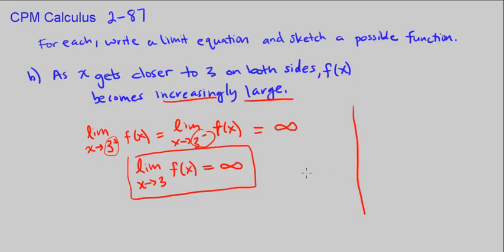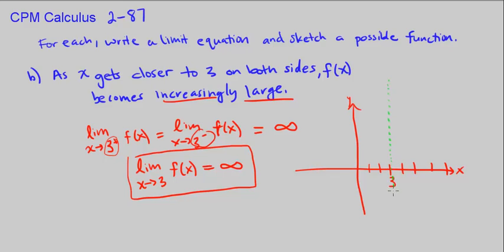We know x equals 3 is right here, and this is our x-axis and y-axis. How is f of x going to look? As it approaches 3, it's getting increasingly large.